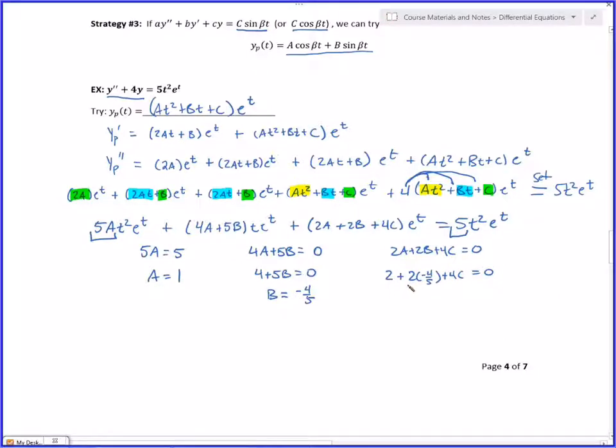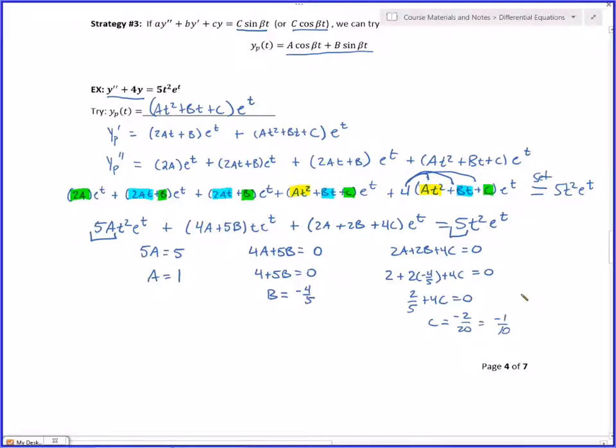So 2 minus 8/5, that's 10/5 minus 8/5, which is 2/5, plus 4c equals 0. So that's a minus 2/5 on the right, so divide by 4, that's minus 2 over 20, or minus 1/10. That doesn't seem right at all.